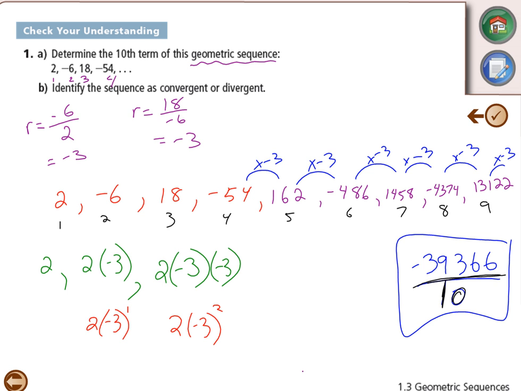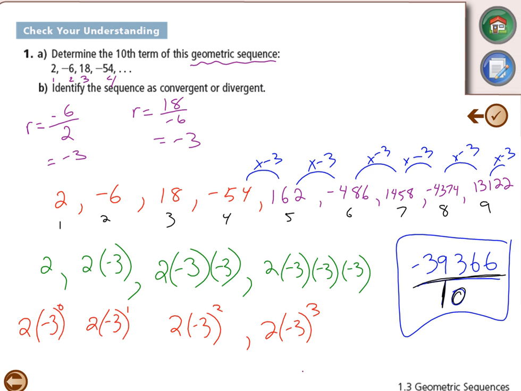Let's go to the next one. 2 times negative 3 times negative 3, and then multiply by another negative 3. Or in other words, we're doing 2 times negative 3 cubed. This first one was 2 times negative 3 with no negative 3's, an exponent of 0.